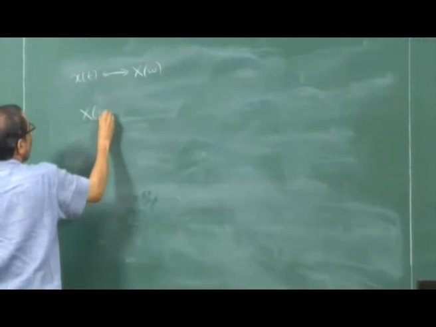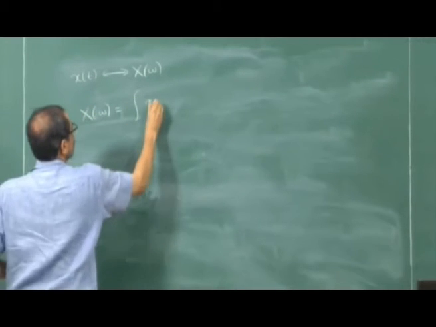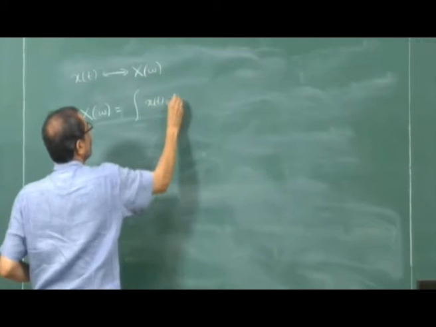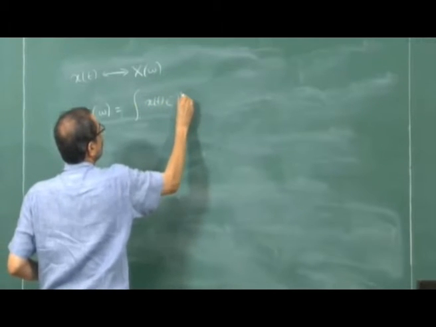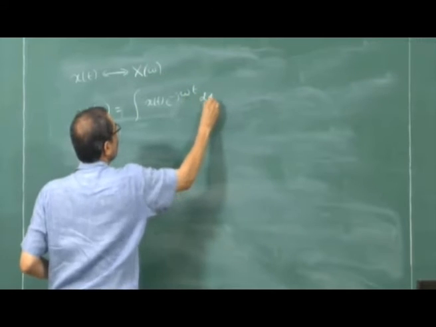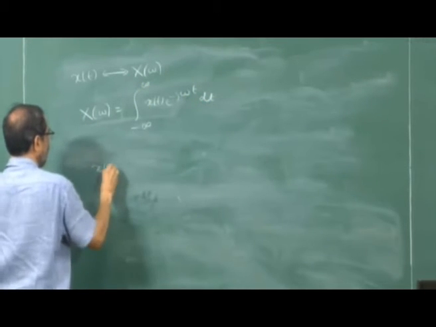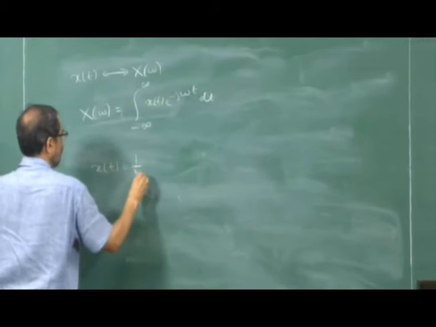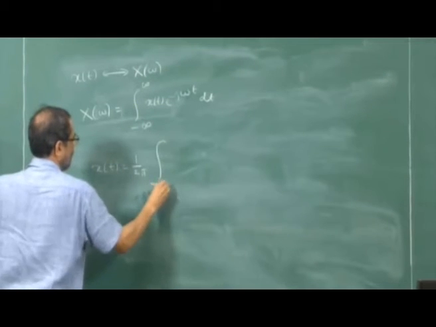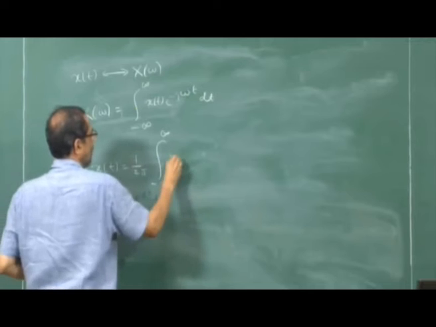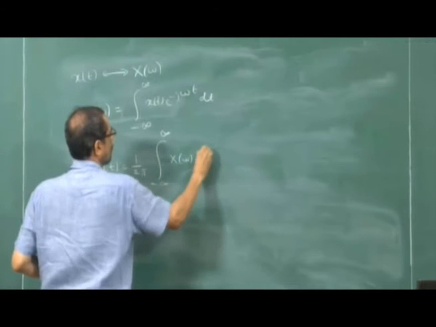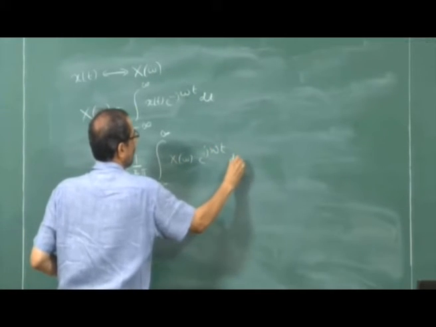Then X of omega is the improper integral of x of t e raised to minus j omega t dt, and x of t given X of omega is 1 by 2 pi times the integral of X of omega e raised to plus j omega t d omega.